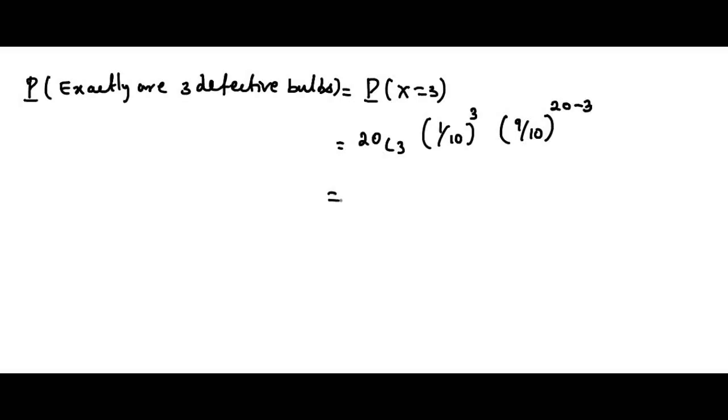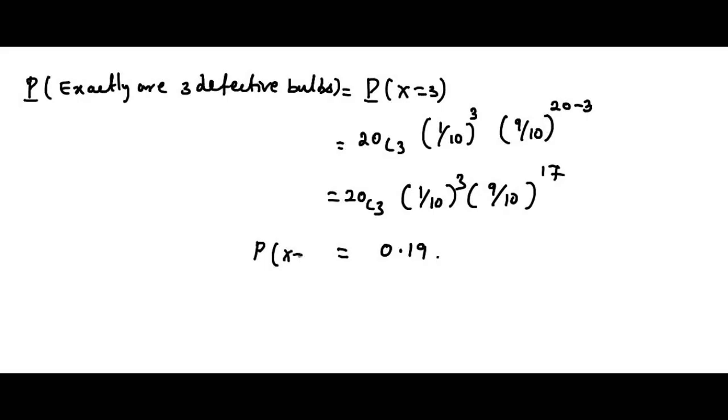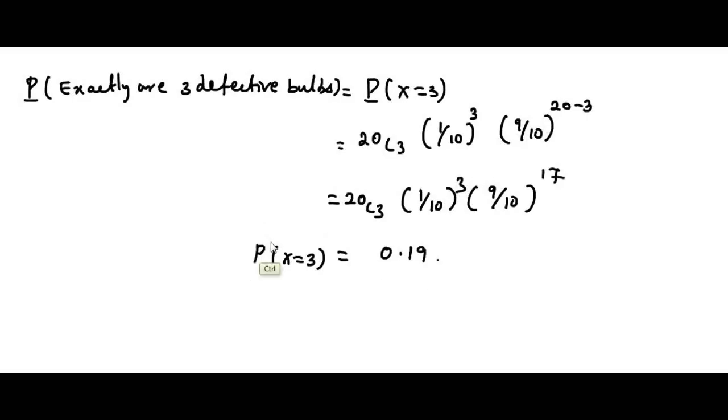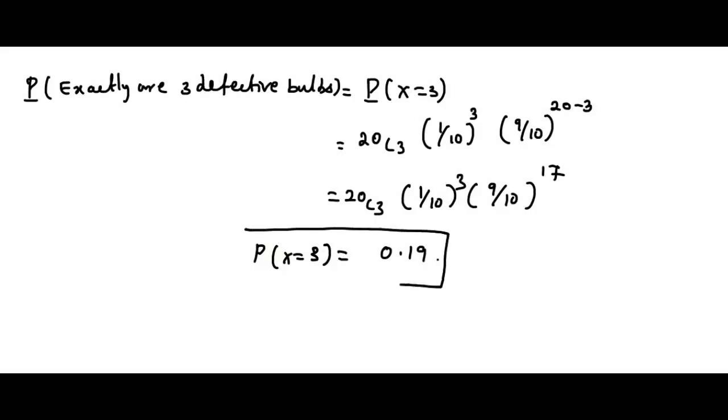So that is 20C3, 1 by 10 power 3, 9 by 10 power 17. Using a calculator, we simplify this term and the final answer is 0.19. This is the probability of x equal to 3.